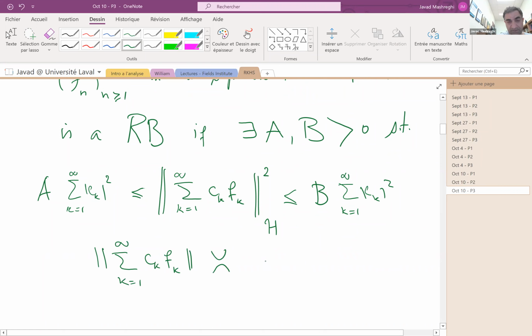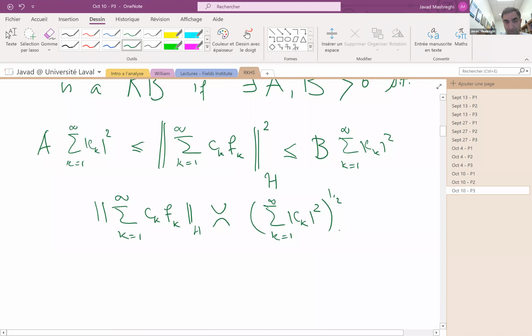This is equivalent or asymptotic to the sum of CK squared to the half, which is, I mean, the same thing as the norm of CK in L2.